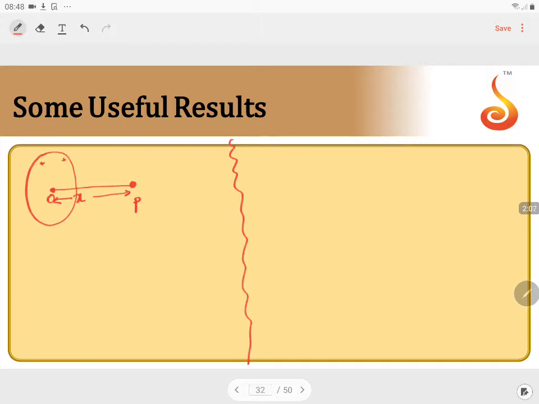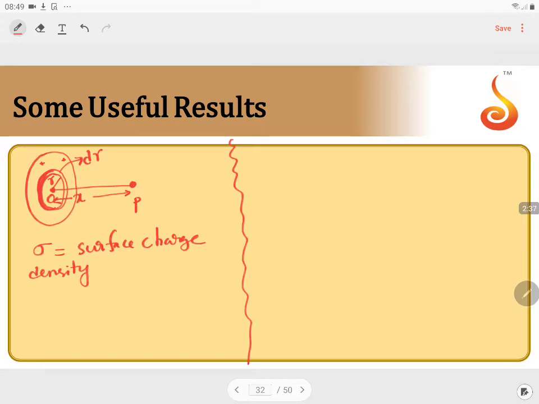Here we divide the entire disk charge into small ring elements. Consider one of the ring elements of radius r and thickness dr. Here we define sigma, the surface charge density.